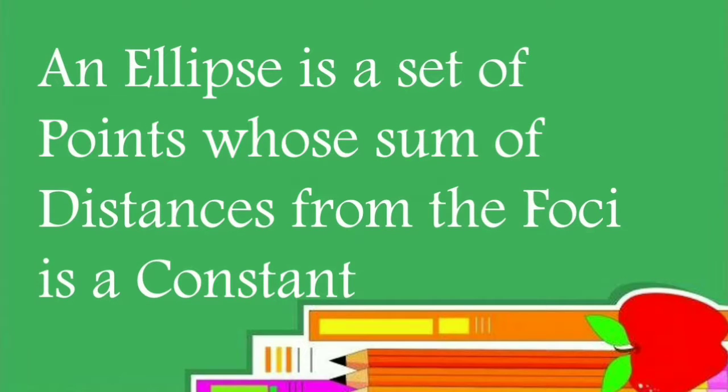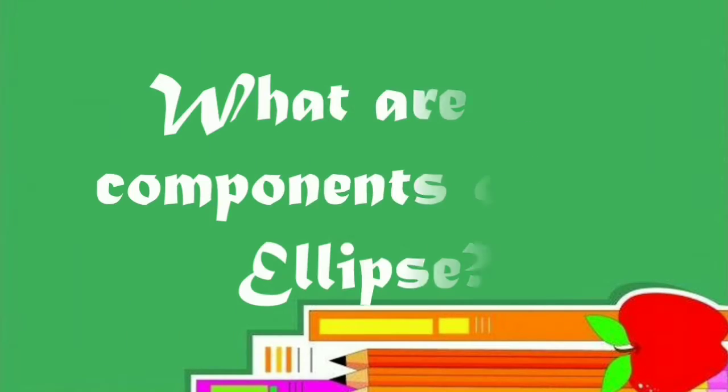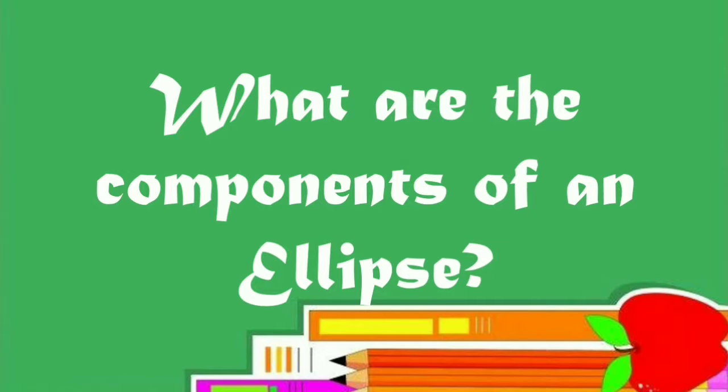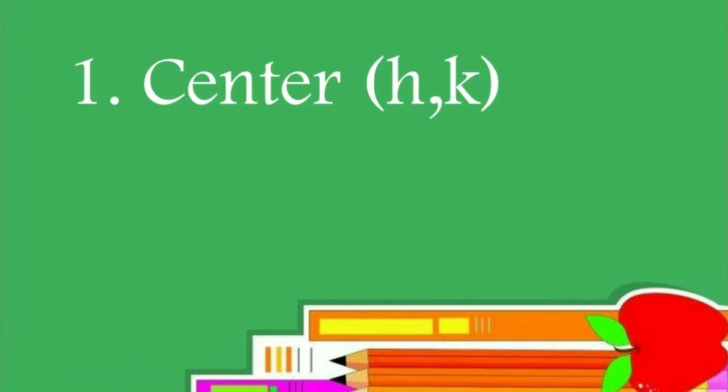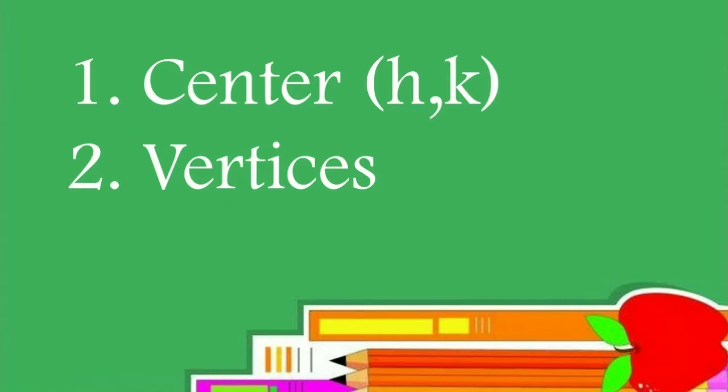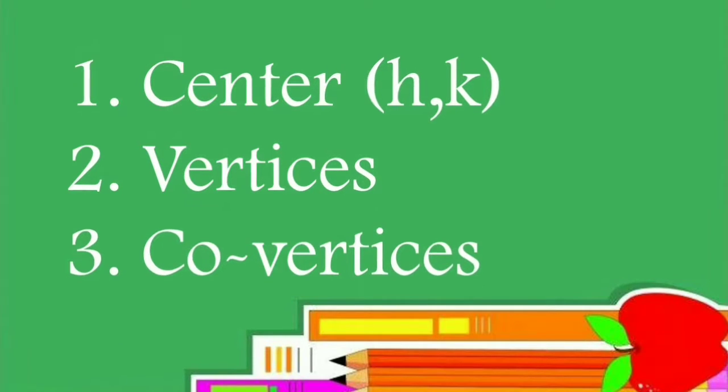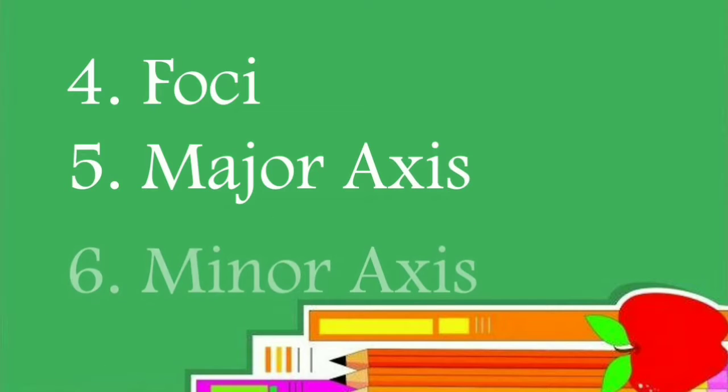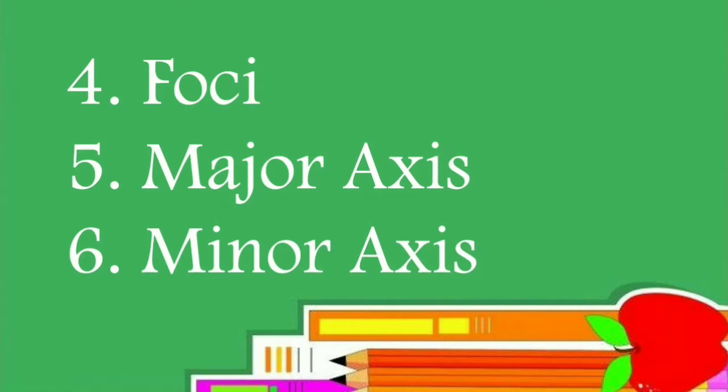An ellipse is a set of points whose sum of distances from the foci is a constant. So what are the components of an ellipse? An ellipse is composed of the center, vertices, co-vertices, foci, major axis, and the minor axis.